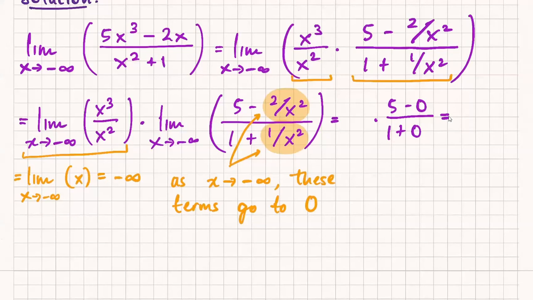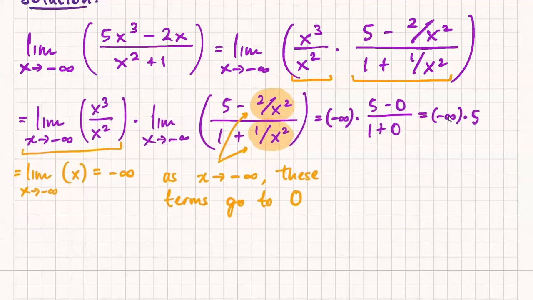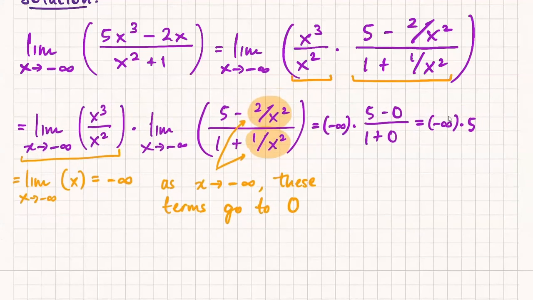Okay, so let's put this together. The first fraction has a limit of negative infinity, and the second fraction has a limit of 5 minus 0 over 1 plus 0. So I get here negative infinity times 5. Now, what would you say about that?